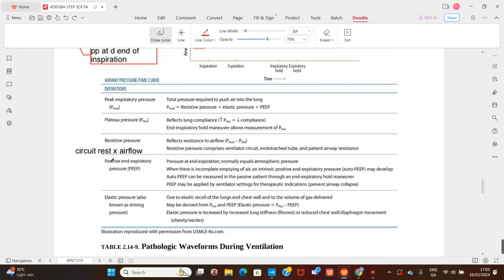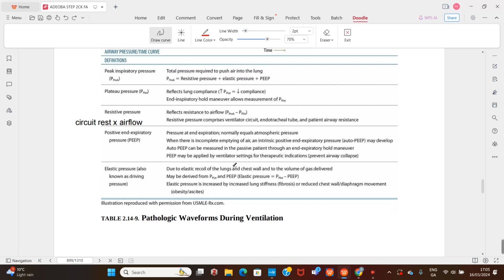Airflow creates restrictive pressure, and so does the diameter of the chamber. So if you alter the diameter of the chamber, you can affect the restrictive pressure, either by kinking the endotracheal tube, by mucus plugging of the airway, or by narrowing of the airway, maybe from asthma or COPD from the inflammatory process.